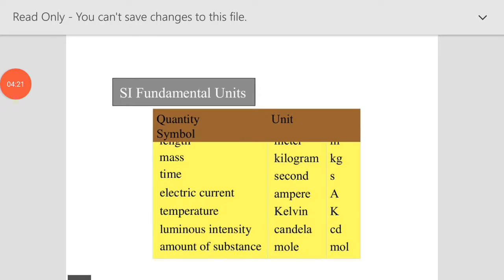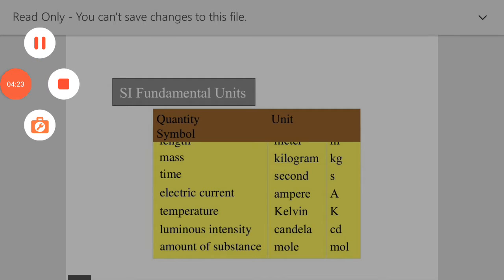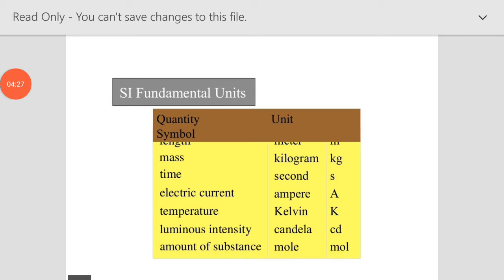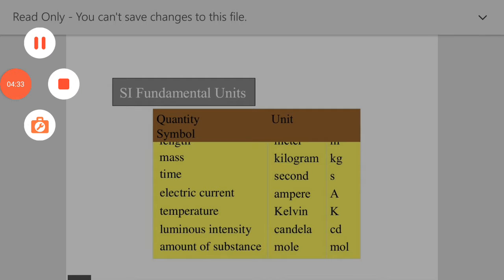The SI fundamental units: for the quantity mass, the unit is kilogram, denoted by kg. After that, time, the unit is second, denoted by s.